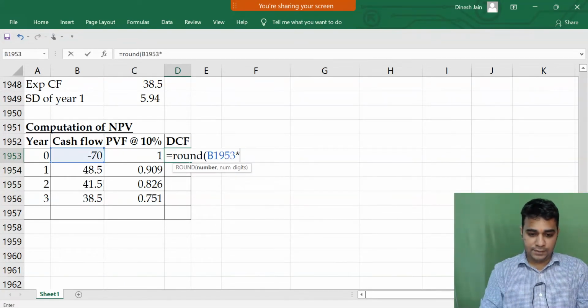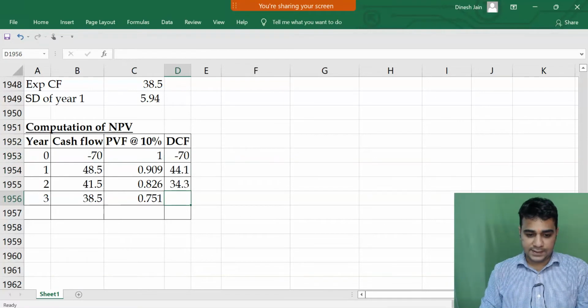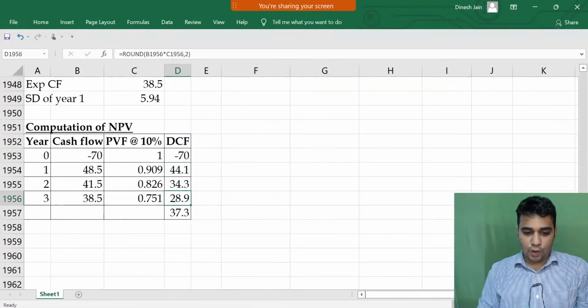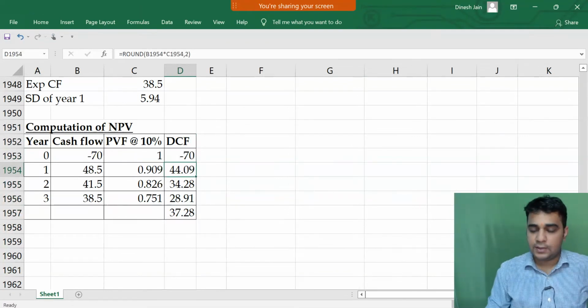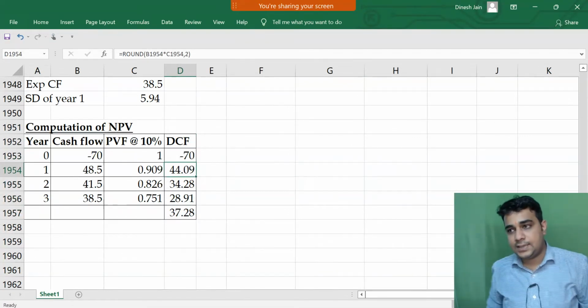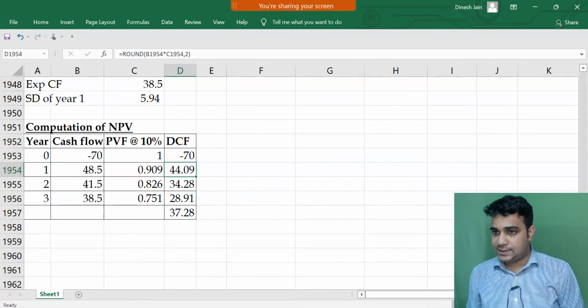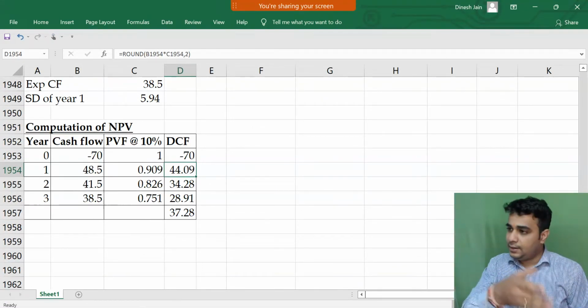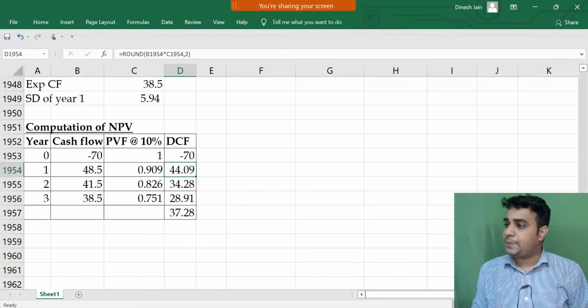And this is my NPV. I'm not going to spend any time on explaining this part. For every year we calculated the expected cash flow, and calculated the weighted average of that, and then got this answer. This is the expected NPV of the project.